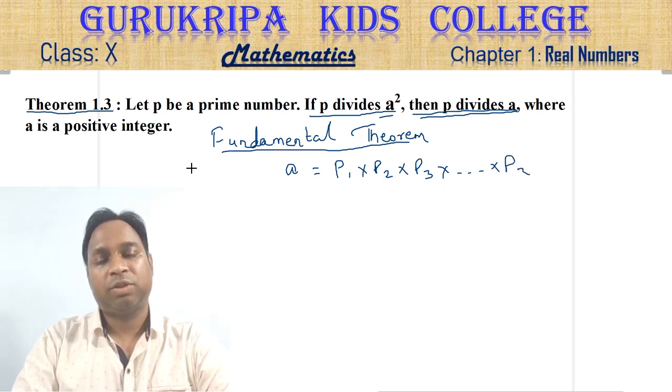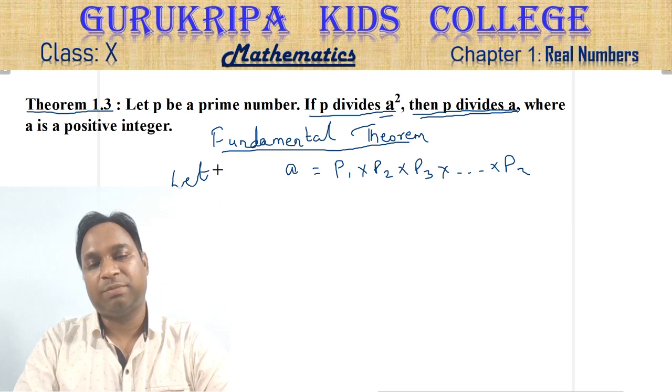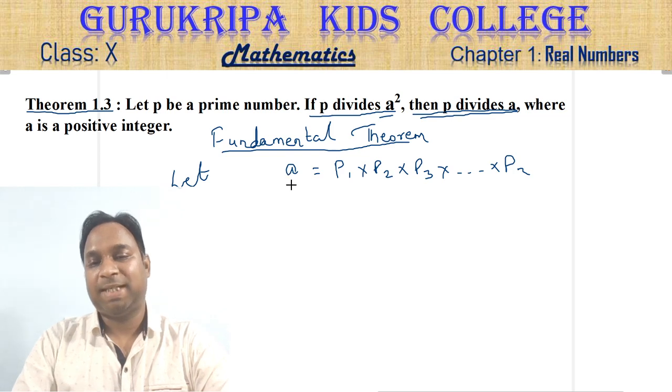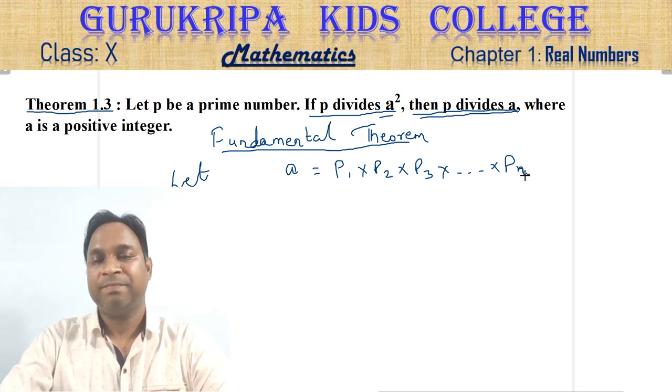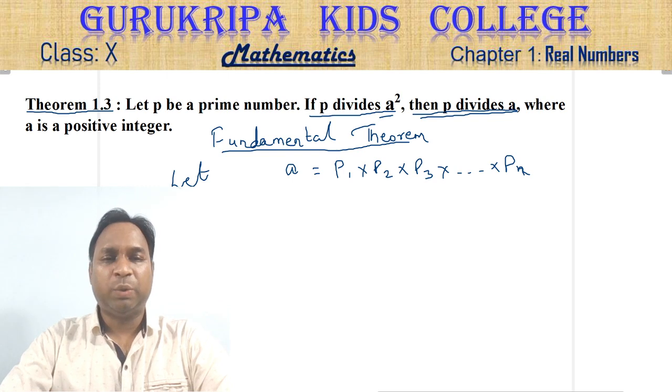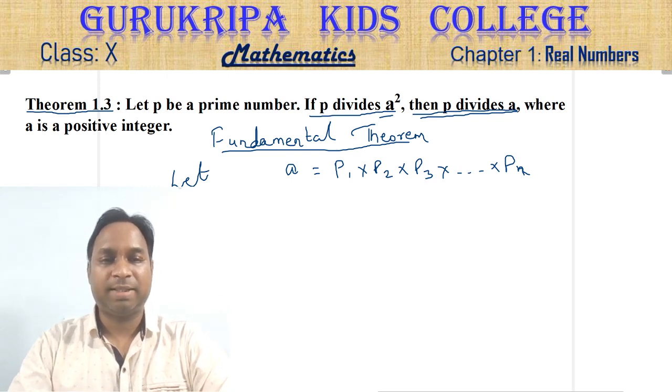So from the fundamental theorem, let A be a positive integer, and this positive integer A can be broken down into primes like this. Nothing new in this, all things that we are very familiar with.